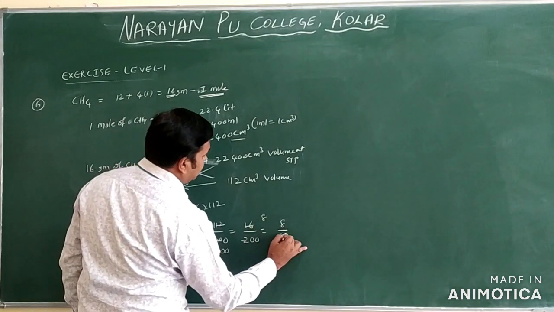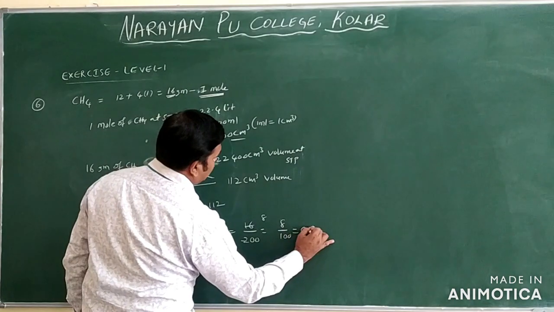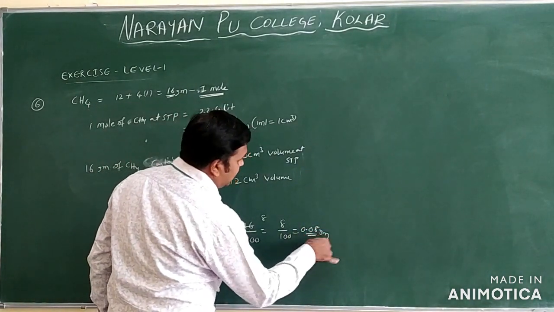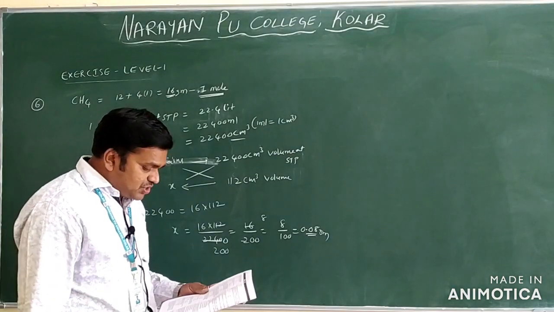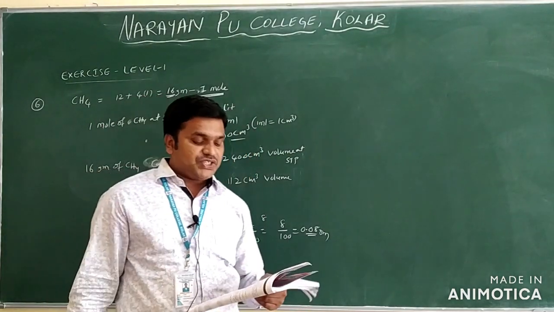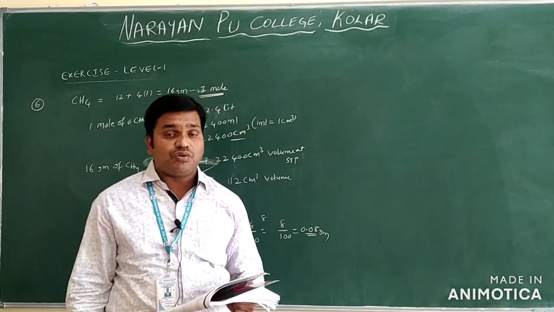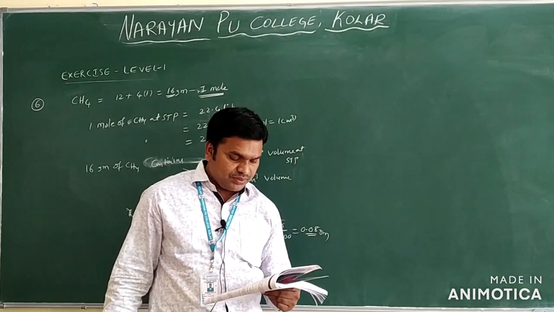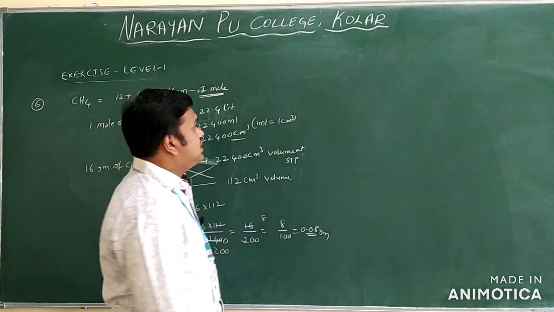What you will write here? 8 by 100, that is equal to 0.08 grams is the answer only. But you see the options here, the options are not given with 0.08. You change the first option 0.16 into 0.08, then you will get the answer only. So this is question number 6 only.